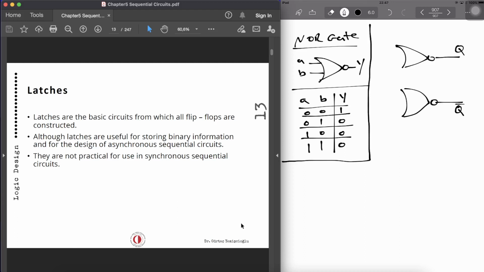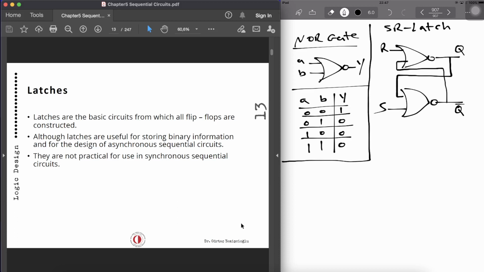So Q and Q prime should not be the same; they are just inverses of each other. One of those is feeding back into the second NOR gate, and the second one is feeding back into the first one. Then we have an input R, which we call reset, and an input S, which we call set. So this is known as the SR latch. This is the starting point of the memory element.